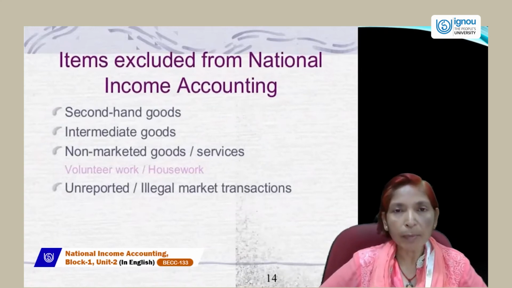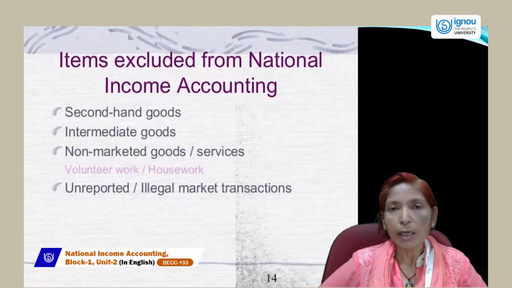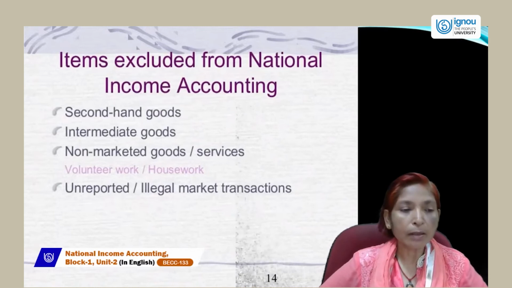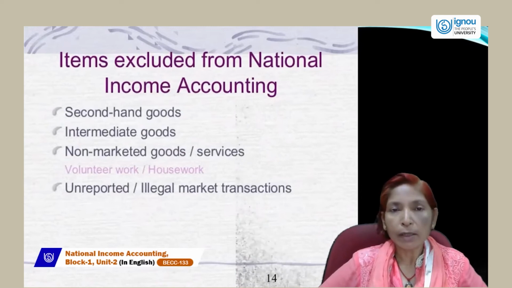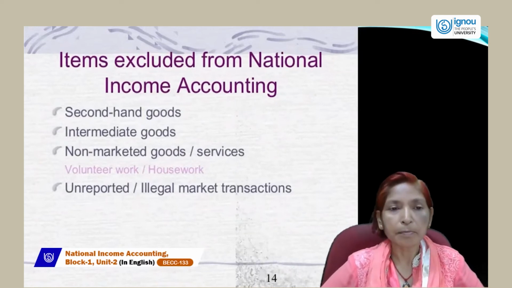They are transfer payments, and they are not included in the estimation of national income. So we should remember these things: second-hand goods, intermediate goods, non-marketed goods, voluntary services, illegal activities, and transfer payments, unilateral payments are not included in the estimation of national income.